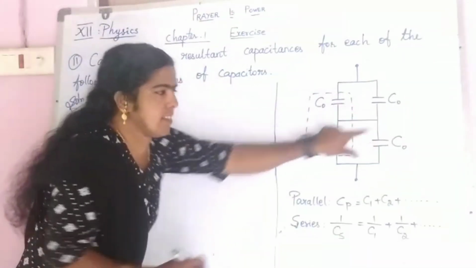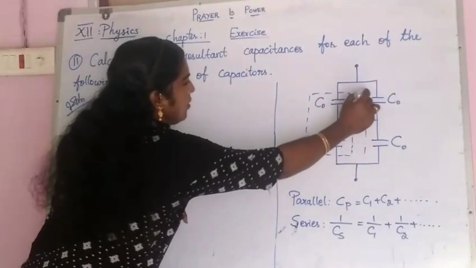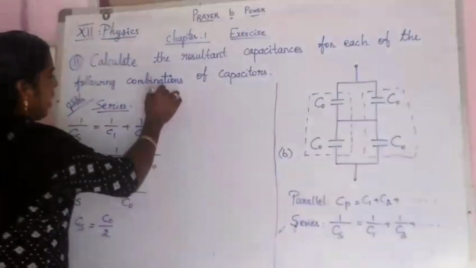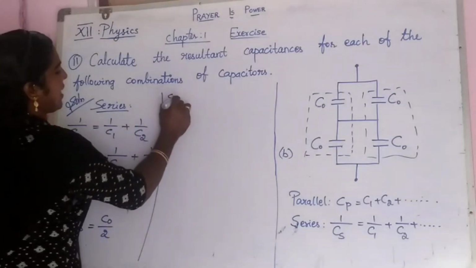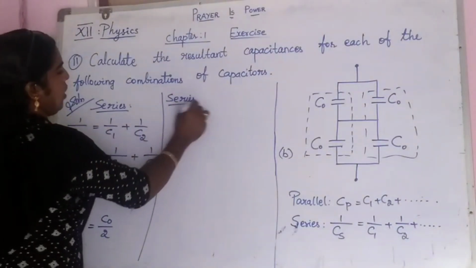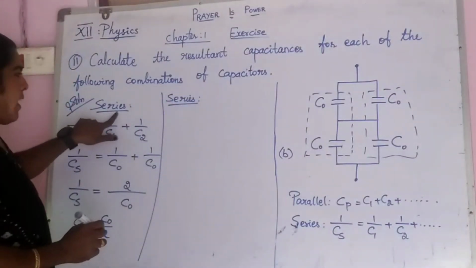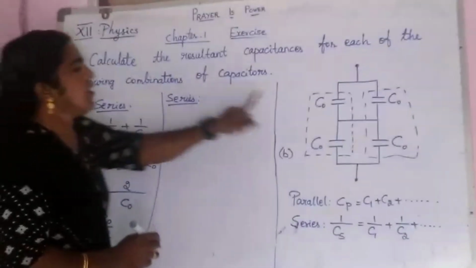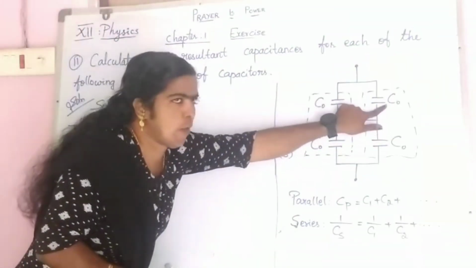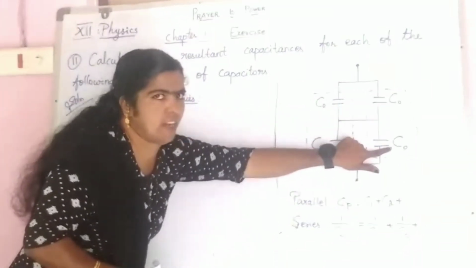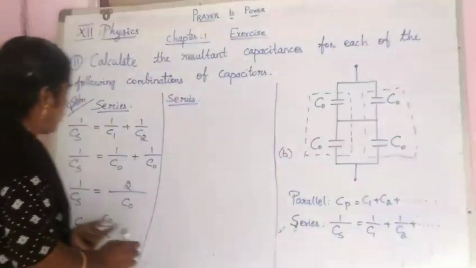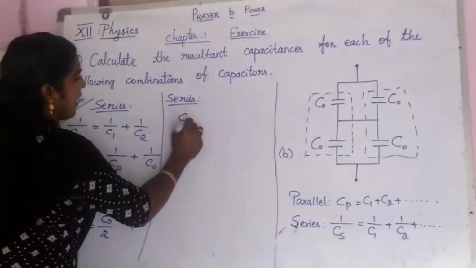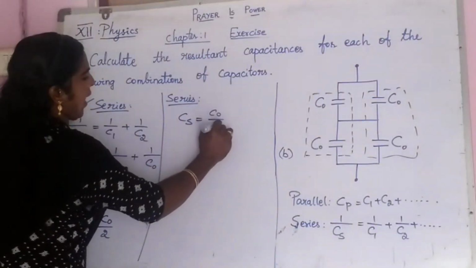Next we are taking this side. This is also series. Again we are using the same series formula. Look here, in this series, C1 value is C0, C2 value is also C0. This side also has the same values, so we can use the same answer for the next set. CS is equal to C0 by 2.